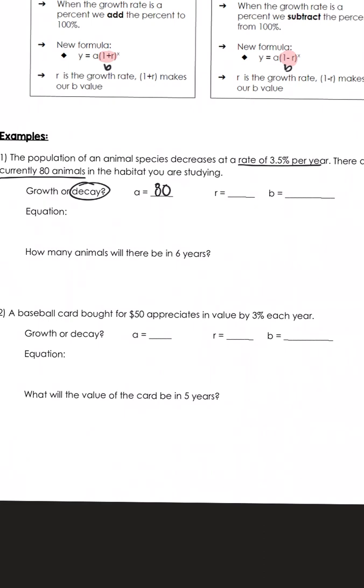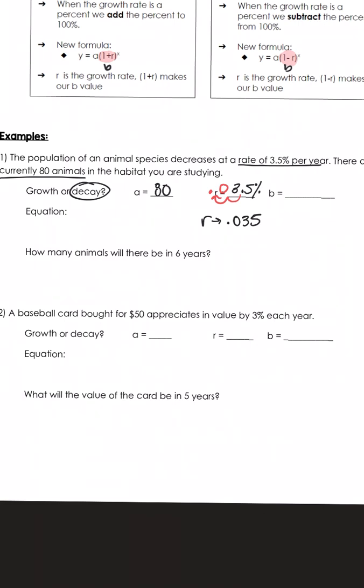R is the rate that we are increasing or decreasing. And for this one, we are decreasing at 3.5% per year. I want to write that as a decimal, not as a percent. So to turn that into a decimal, I just need to move my decimal point 2 places. So as a decimal, R is 0.035.